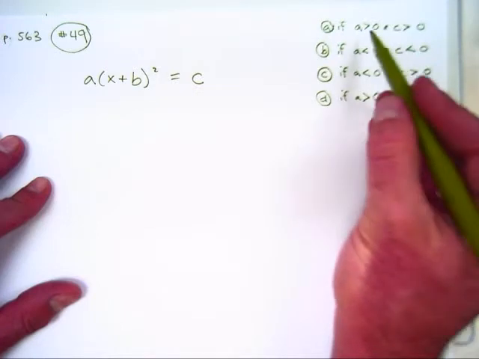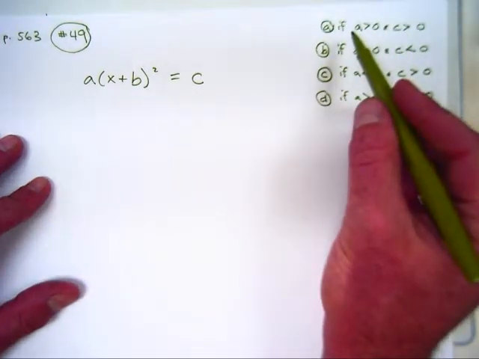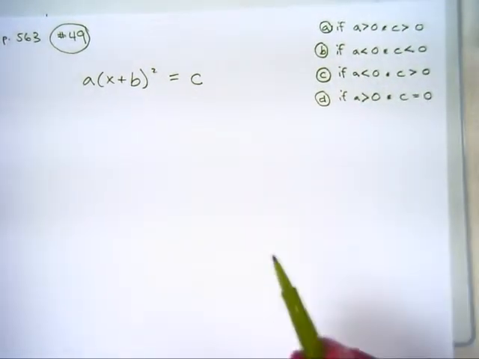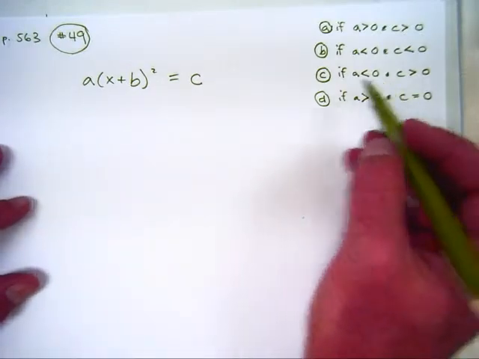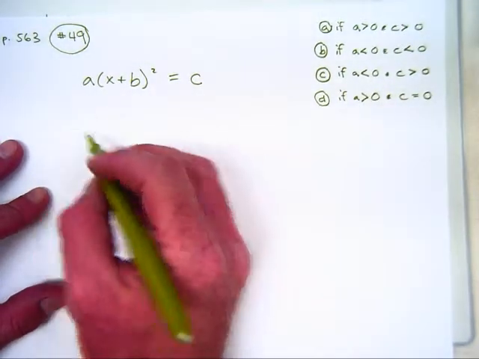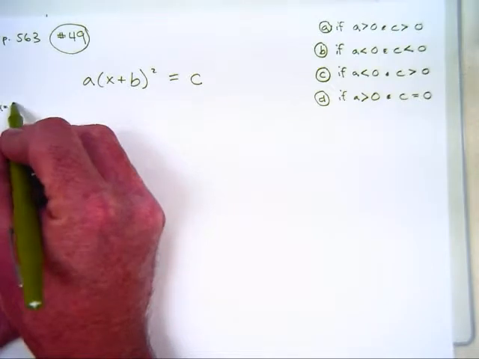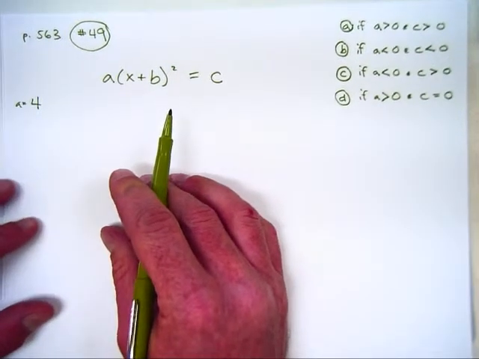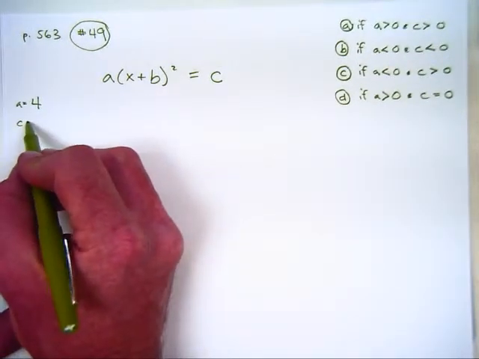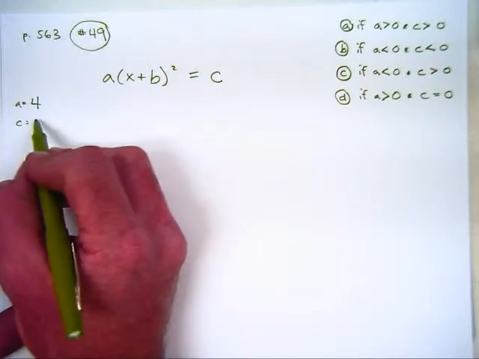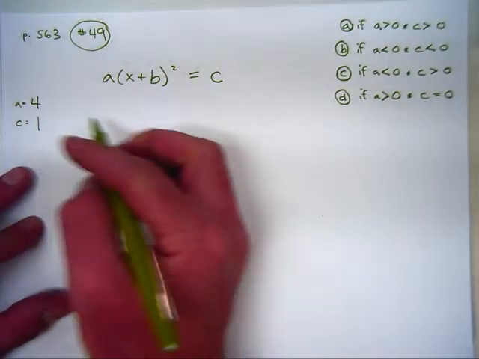Let's try numbers. Let's say if A is greater than 0, we're looking at A now. If A is greater than 0 and C is greater than 0, then let's sub in numbers. Let's say A equals 4 and C equals 1. Let's just try different things.